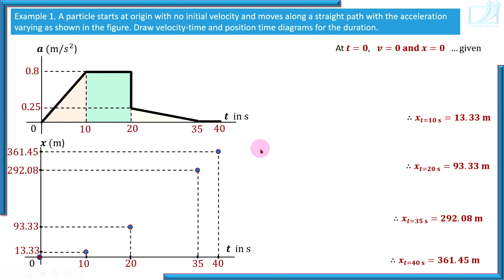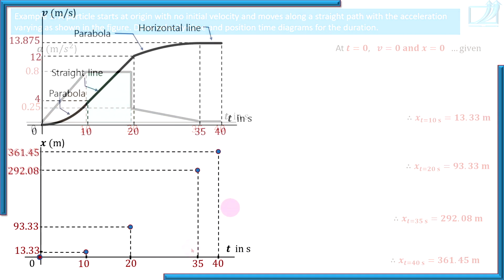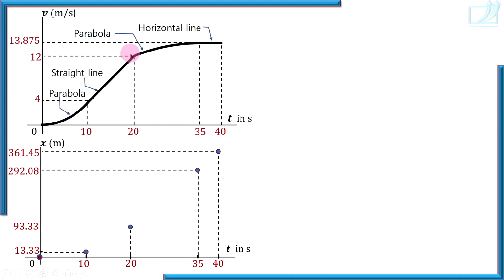Now all these points you are going to join by curves. So how to decide the shape of those curves? So listen, velocity is the slope of the xt diagram. So you should refer to the vt diagram, not the acceleration time diagram. Now refer to the vt diagram and then identify shapes here in the xt diagram.